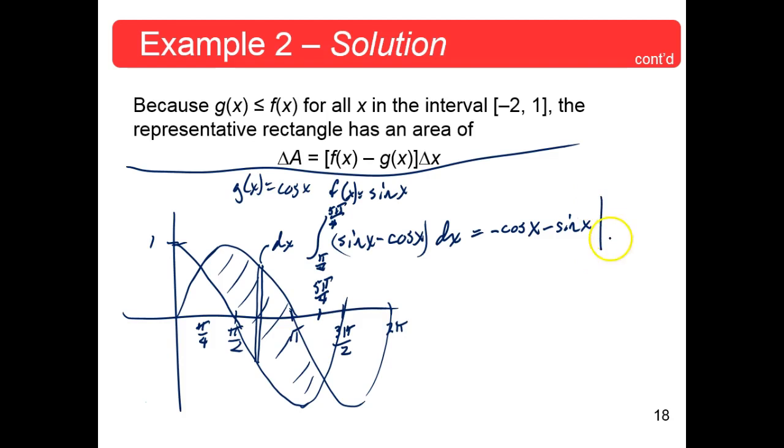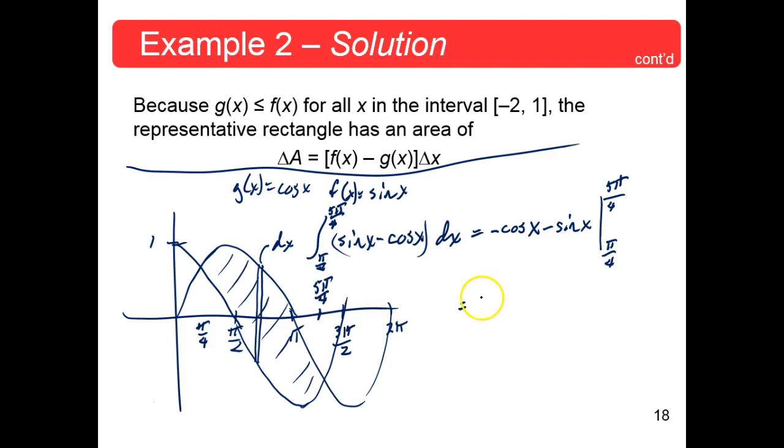And that's going from pi fourths to 5 pi fourths. Okay. All right.